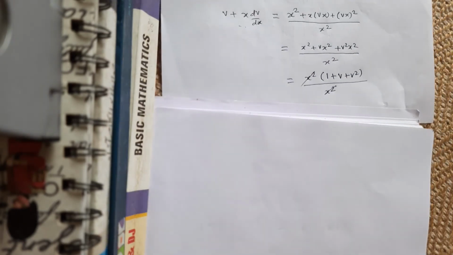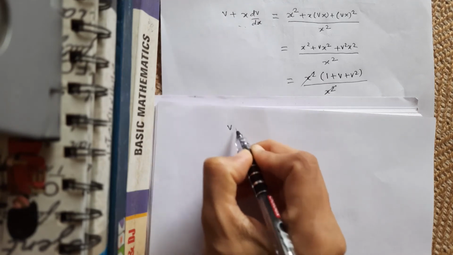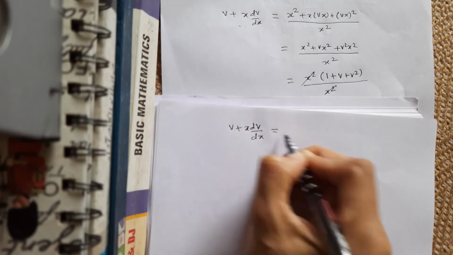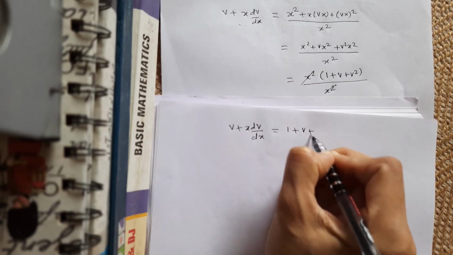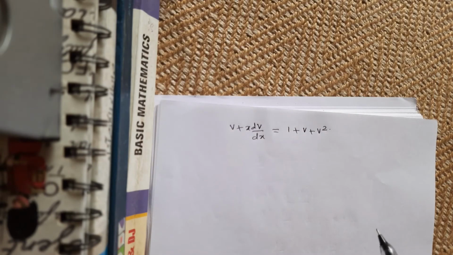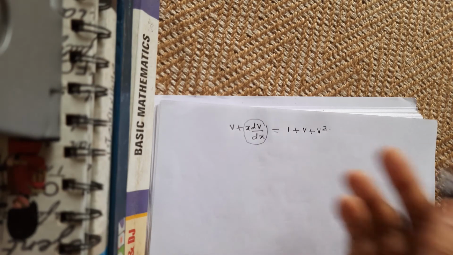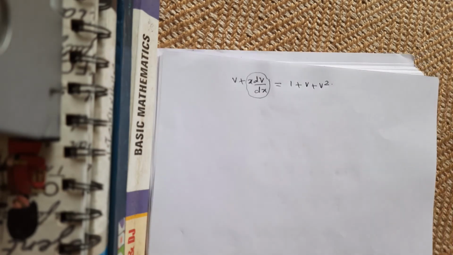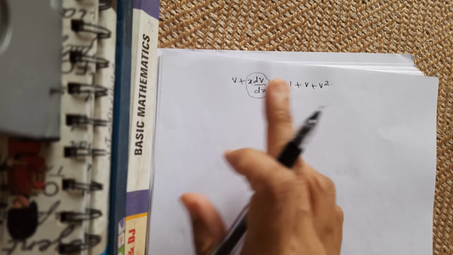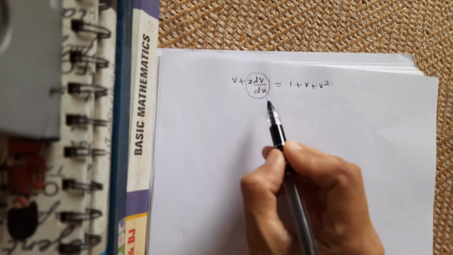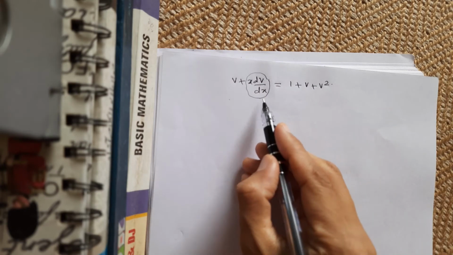Now on this side I have v plus x dv by dx equal to 1 plus v square. I just want to convert it into variable separable form, so that on one side I have all v terms with dv, and on the other side all x terms with dx.